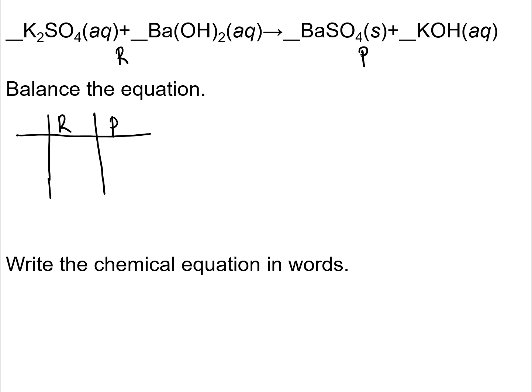The products are on the right-hand side. Then I go through and write down every element or ion that I see, if the ion stays together. So the SO4, the sulfate ion, we see it on both sides. So I can treat it like one unit.